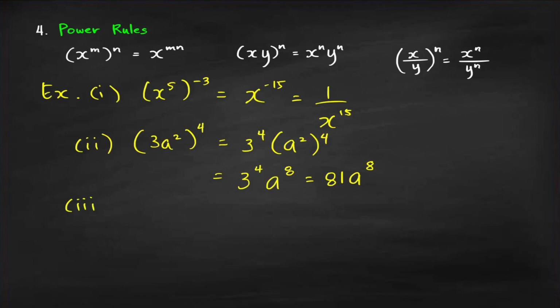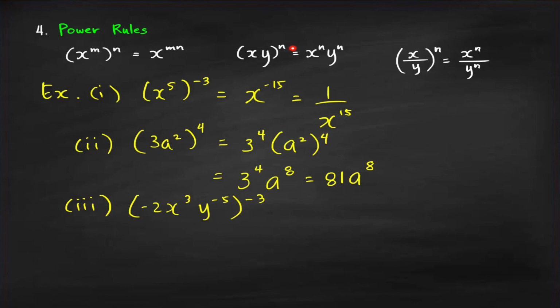Another example, let's say we have negative 2x cubed, y raised to -5, and then the whole thing raised to -3. So keep in mind that this second power rule can be extended to a product of three or more factors. So we can have here a product of x, y, and z, a product of x, y, z, and r, and so on.